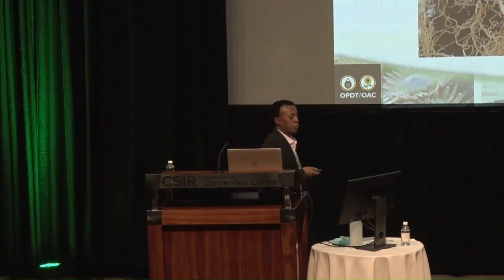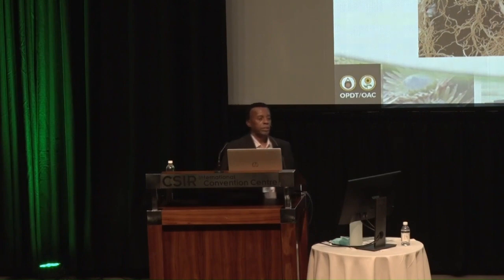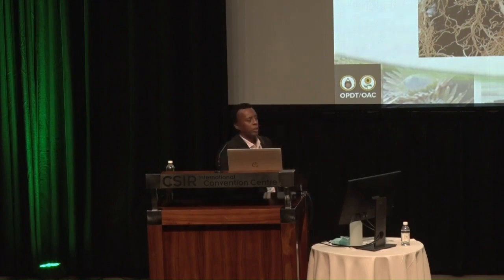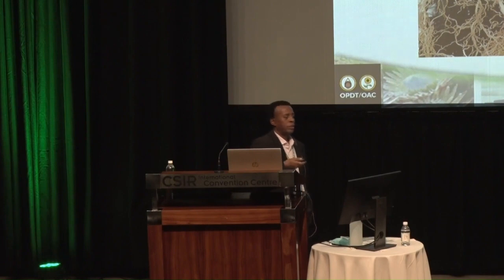We are currently screening rhizobia for alleviation of drought stress and improved symbiosis, because with global climate change, drought is becoming a very important factor which negatively affects the nitrogen fixation process, nodulation, and all that.